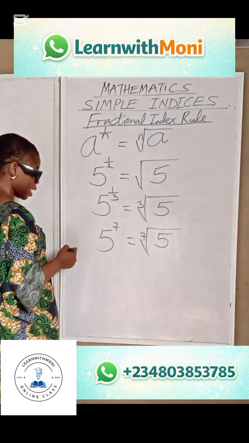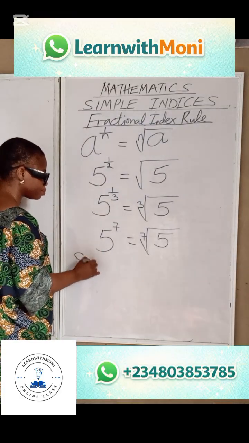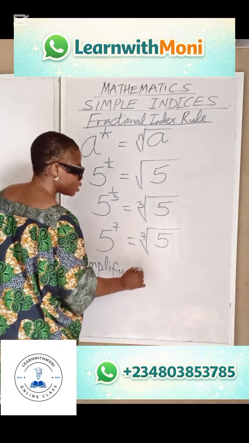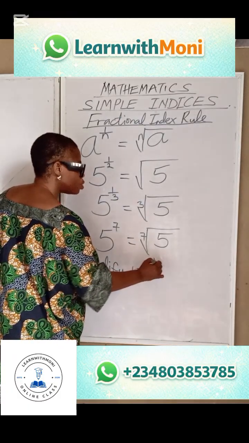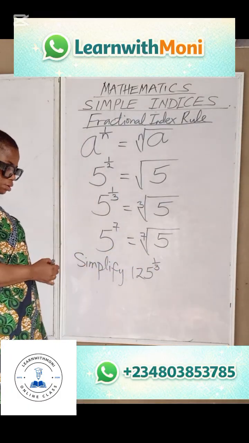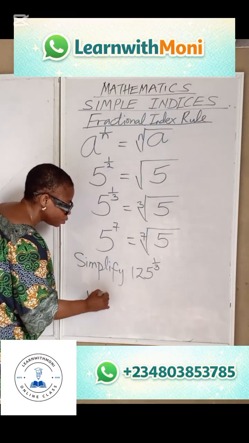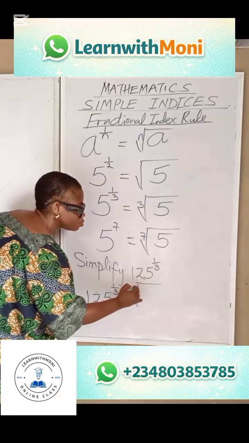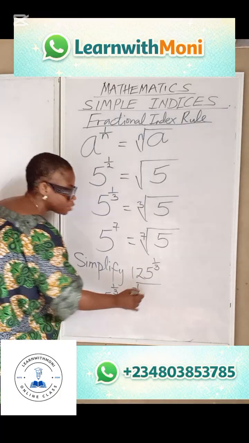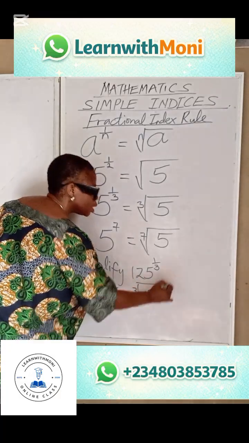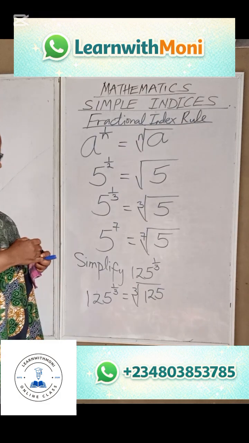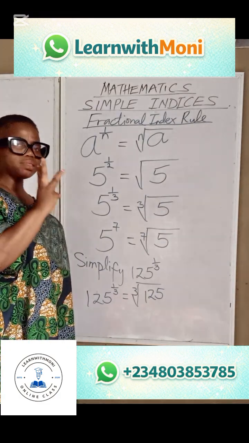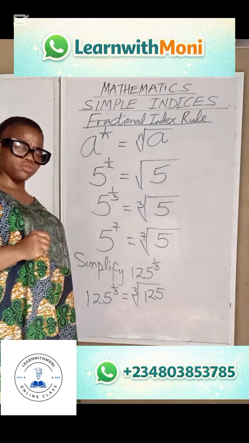Look at situations like this. Simplify 125 raised power 1 over 3. 125 raised power 1 over 3 means cube root of 125. Cube root of 125 is asking for a number which will multiply itself 3 times to give me 125.